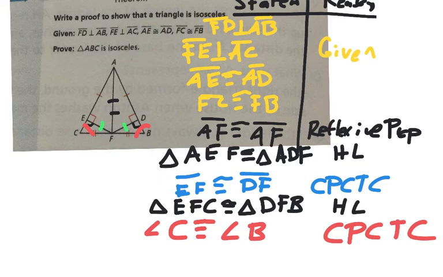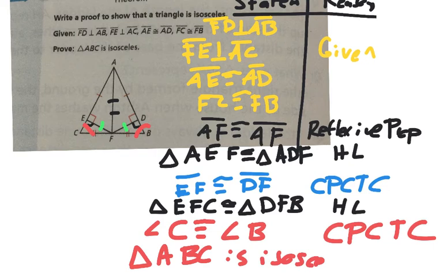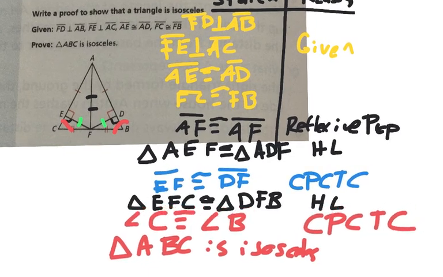So because C and B are congruent, then that means that triangle ABC is isosceles. And how did I know that? Well, because I had congruent base angles.